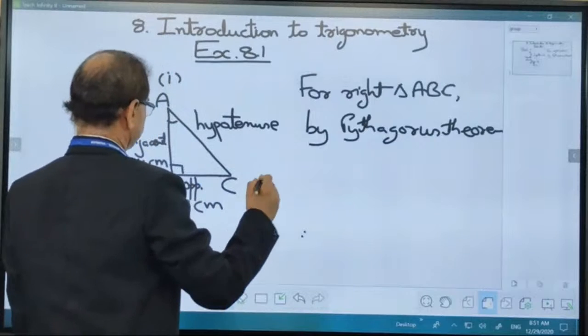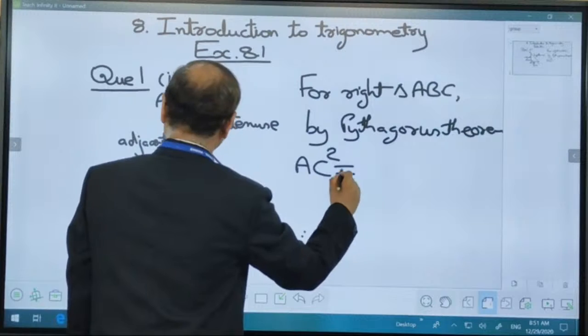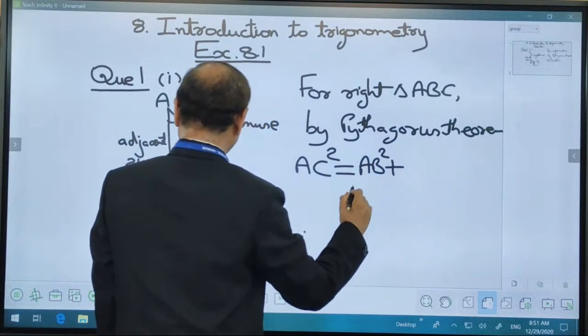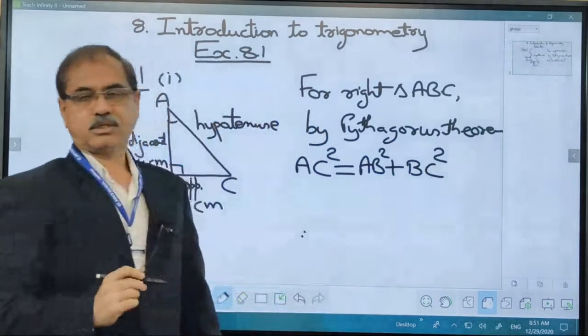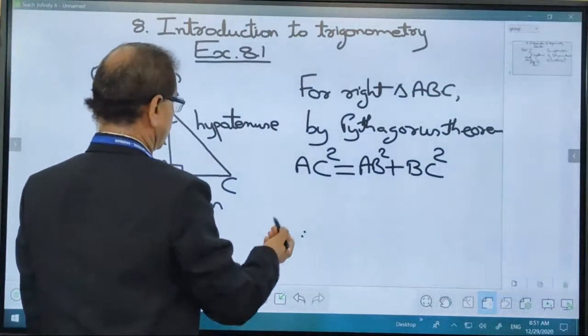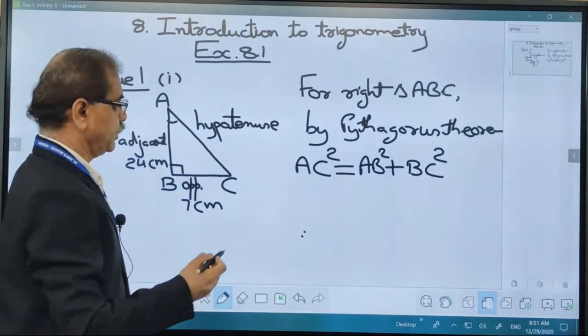So accordingly, AC square equals AB square plus BC square. This is our Pythagoras theorem. So with the help of that, we will do the calculations. We need to find out the length of AC. AB and BC, we know.